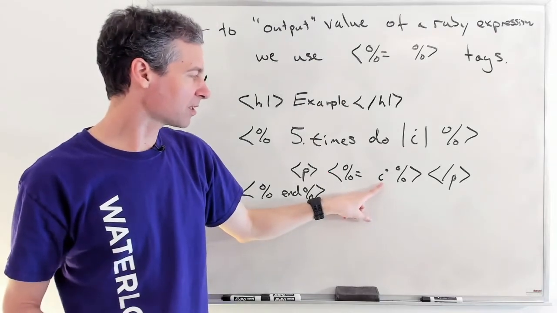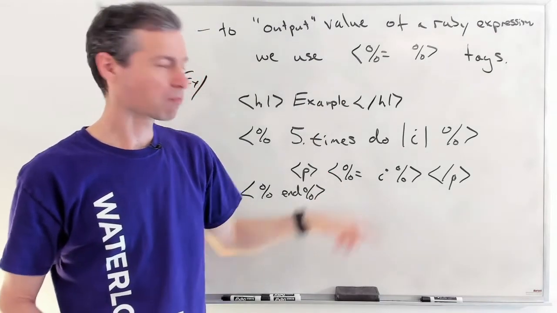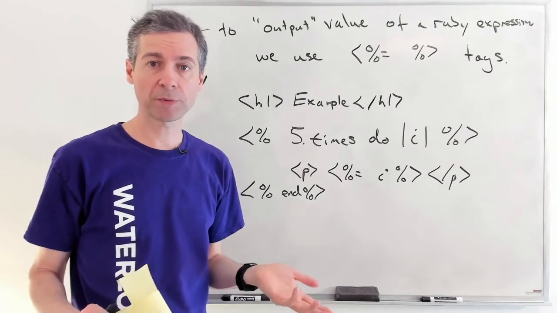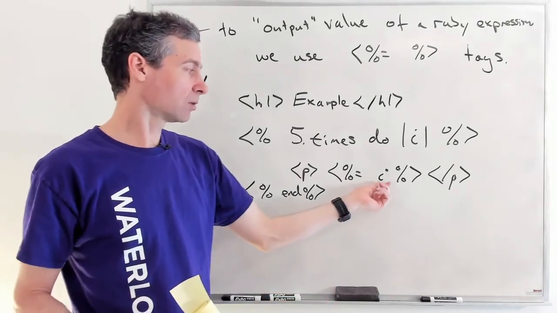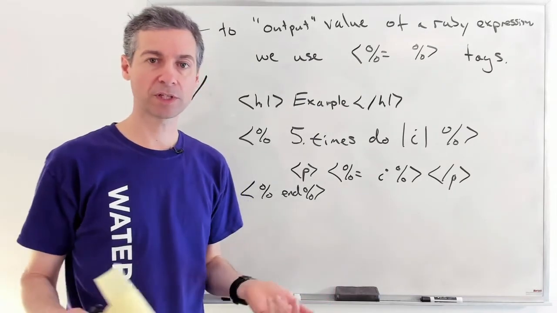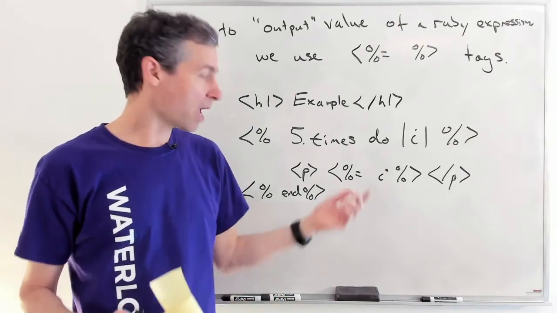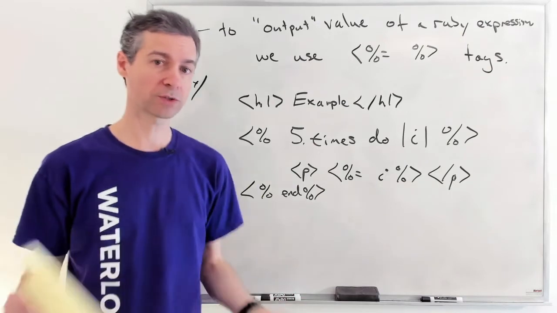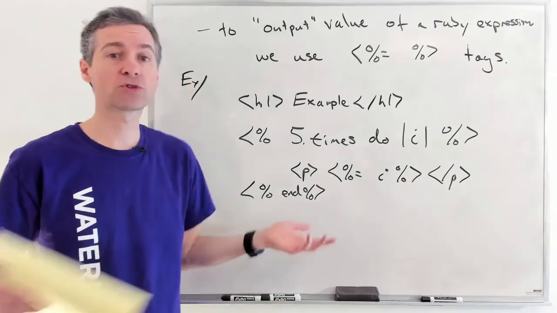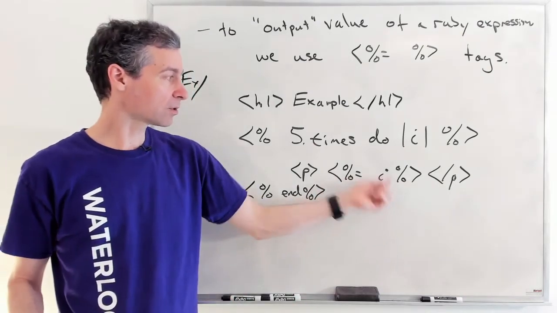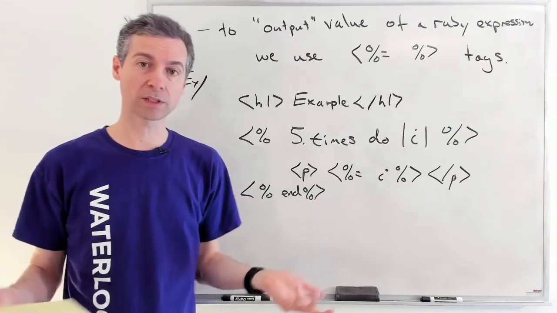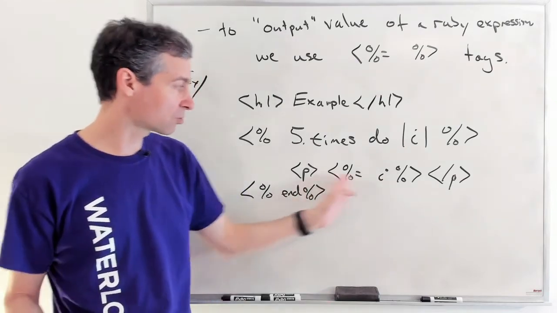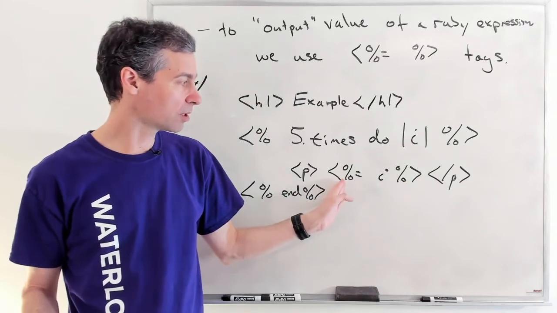But this one says, take this value, I need a string representation of it. Whenever we need string representations in Ruby, everything in Ruby is an object, and so it calls to_s, so toString on it. So this will be some integer, and it'll get a string representation, and a string will go here then.